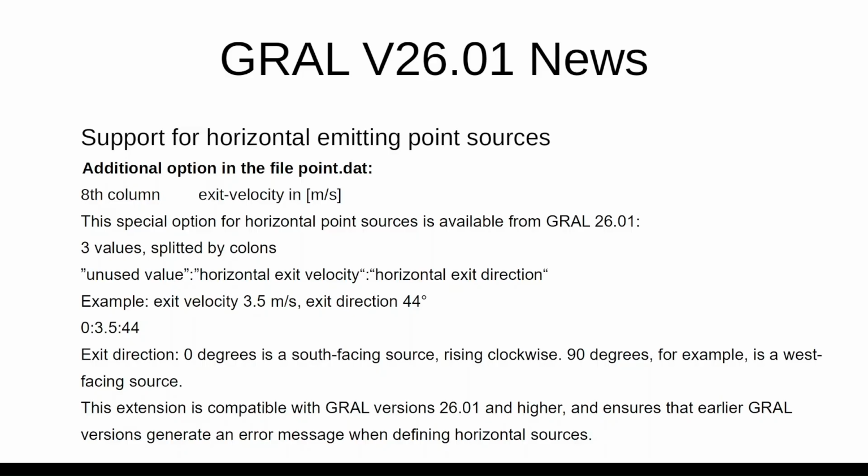For the exit direction, 0 degrees means a south-facing source and the angle is rising clockwise. 90 degrees, for example, is a west-facing source. This extension is compatible with Gral versions 2601 and higher and ensures that earlier Gral versions generate an error message when defining horizontal sources.